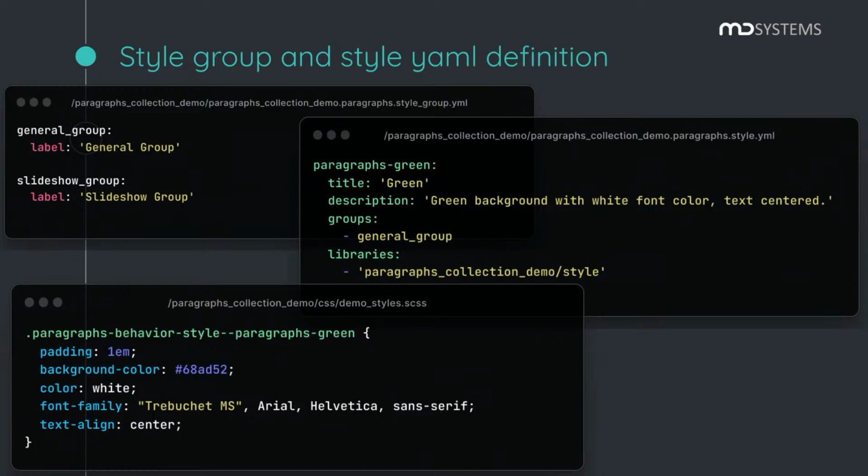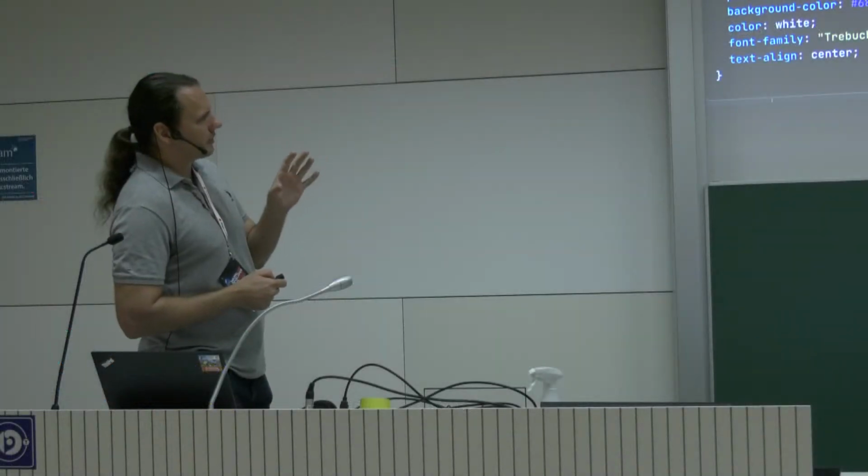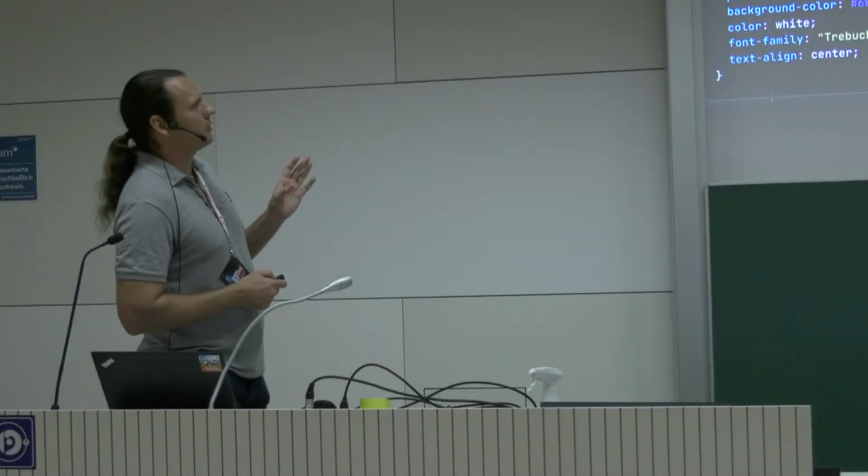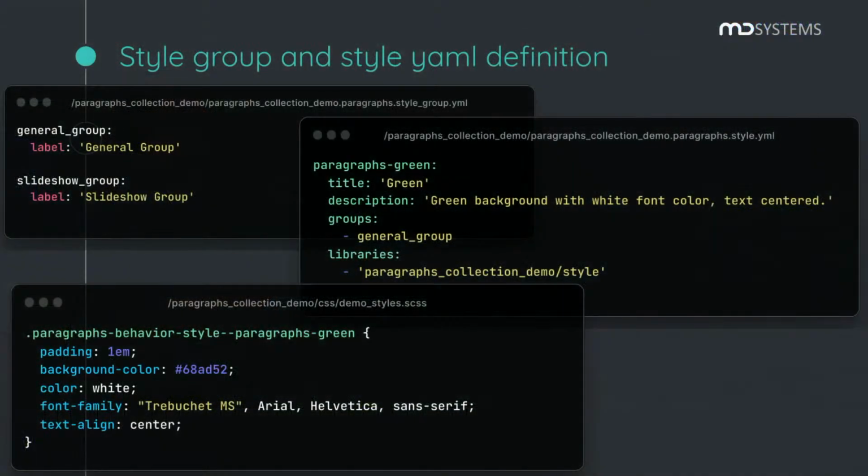So how does it work? First, again, you have in your theme, or in this case, the paragraphs collection demo, you define a paragraph style group YAML file, and you define all the groups here. Then you're starting to define individual styles. Here it's some paragraphs green. Title, description, you say into which group it belongs.